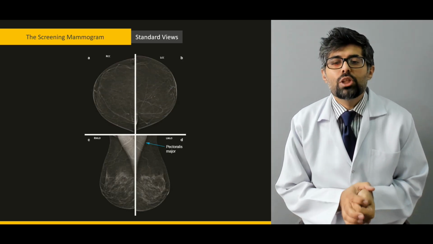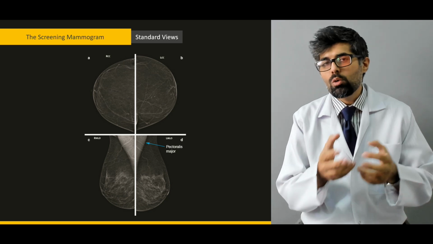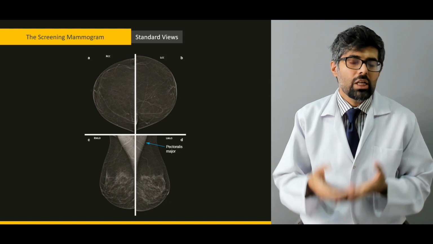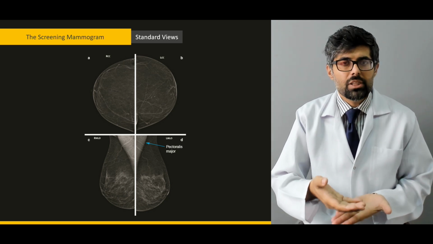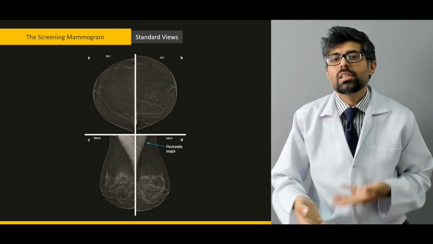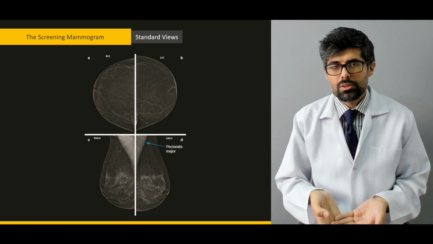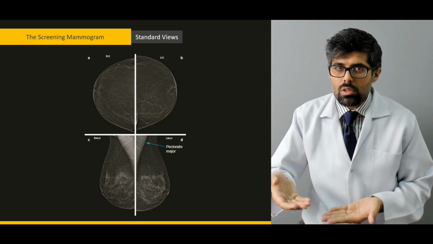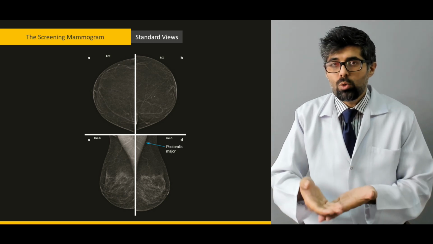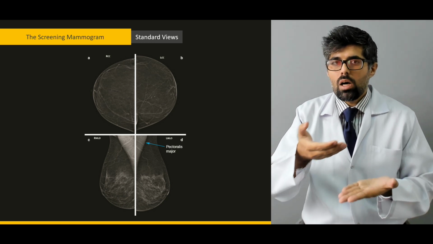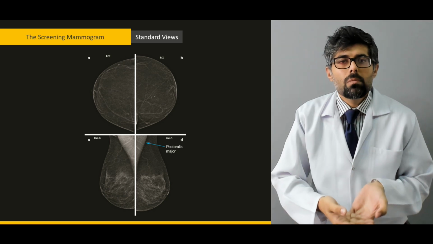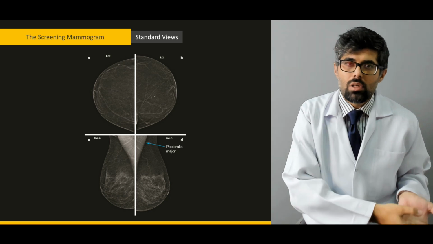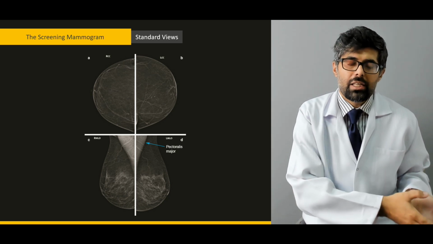The first projection is called the craniocaudal view, where the X-ray source is superior to the breast and the detector is inferior to the breast. This way, the breast is screened throughout, and the whole of the breast is projected on the detector.